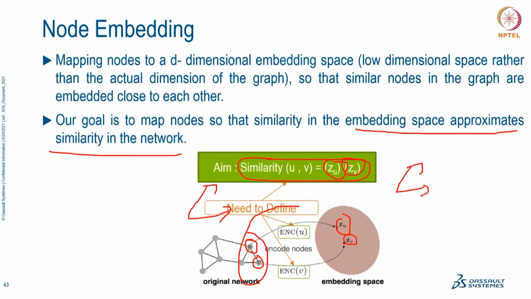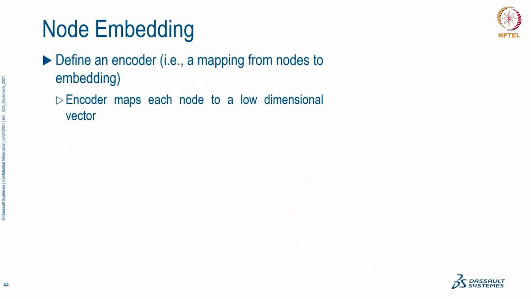And we have to define these three things. One is similarity, on what basis the similarity is defined. For this example, it is cosine similarity. And then the encoding, or you can say the embedding, how this would be embedded in the space. So there are three steps basically. First we define an encoder.